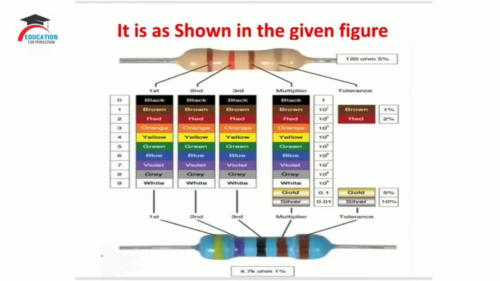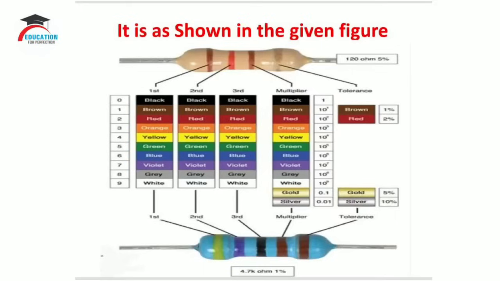So for calculating the values of the given resistance, we take the first color band number, that is 1, and then the next number, which is 2 for this particular resistor, representing the red color as per the color coding system. In this way we have 1 and 2 for its first and second color codes.